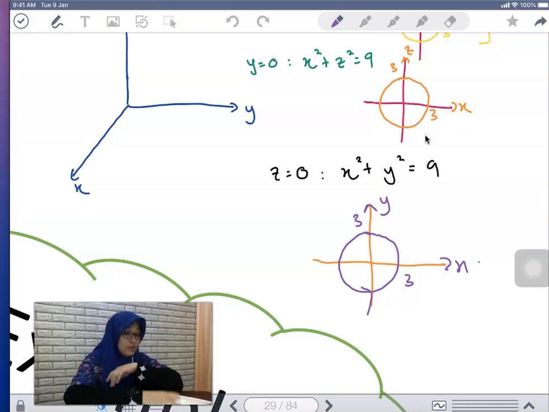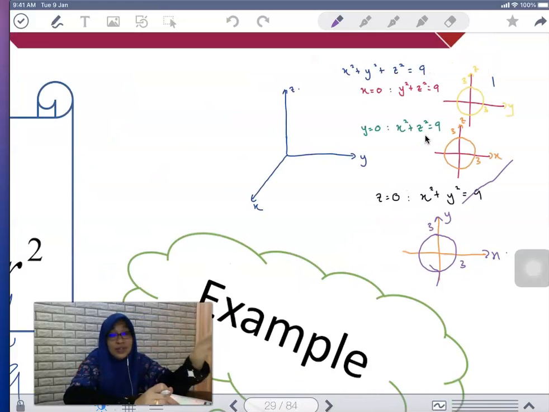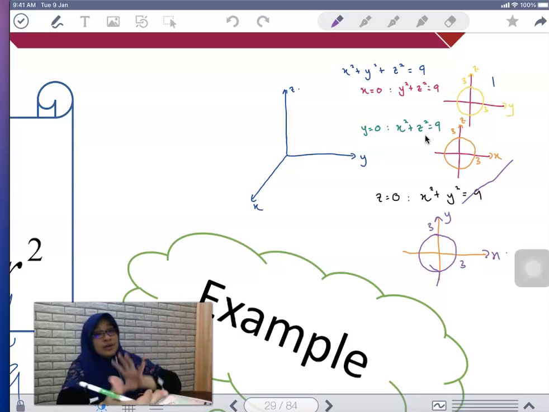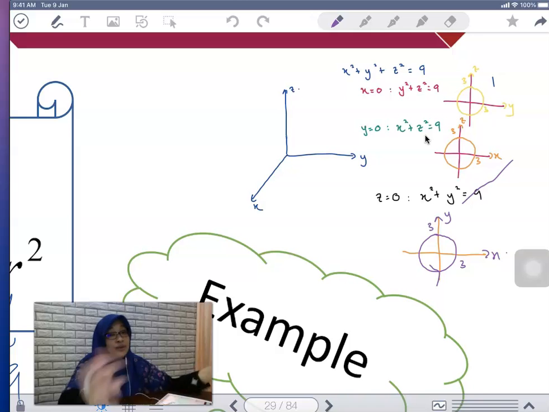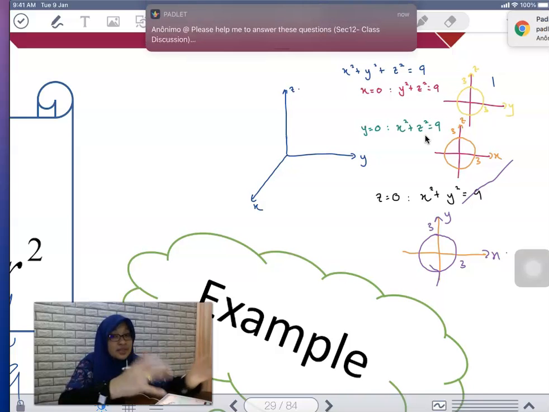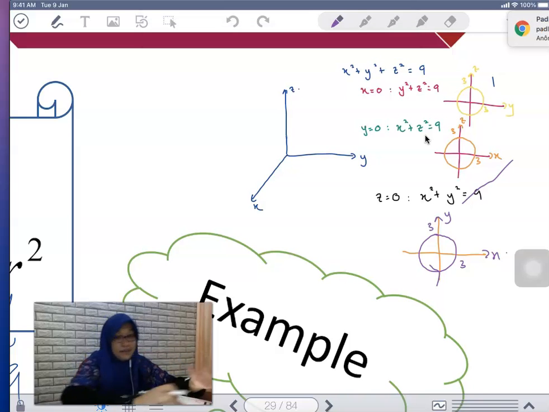When you join them together, when you are standing on x, you see the circle, and then you just move around and can still see the circle, and when you go up and look down, you can still see the circle. Circles, circles, circles everywhere, then you can have a sphere.